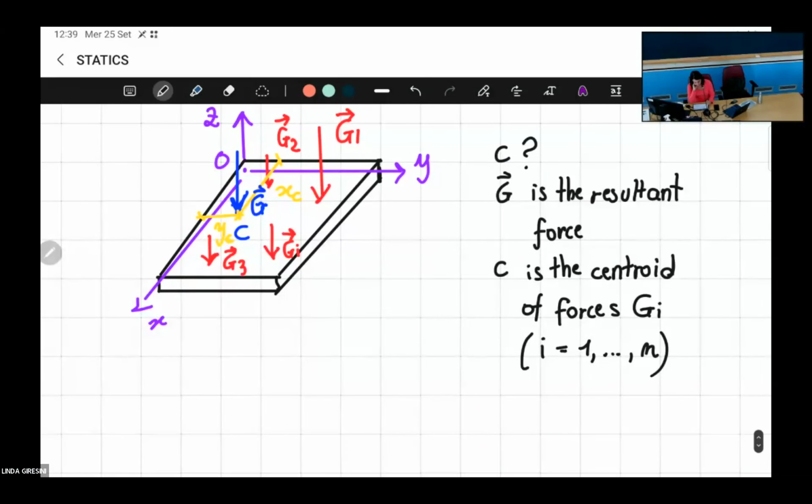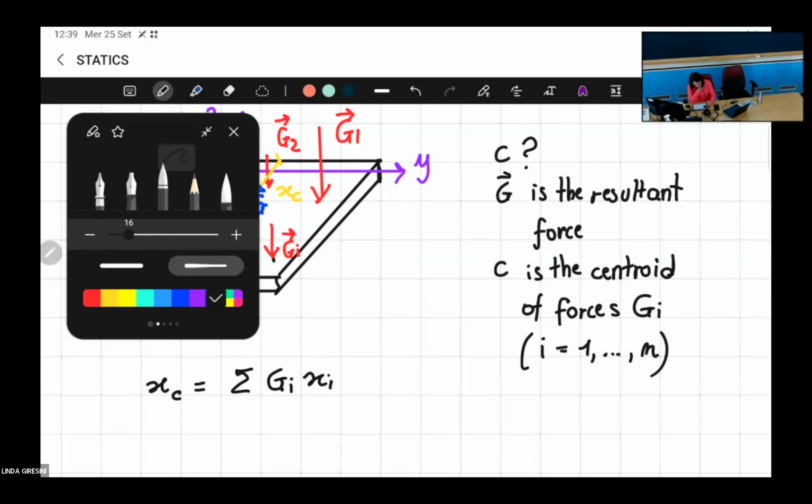So the position XC, the abscissa of the centroid, is given by the sum of the products Gi times Xi. What is Xi? Xi is the distance of each force application point.